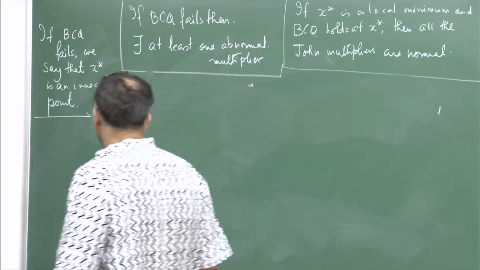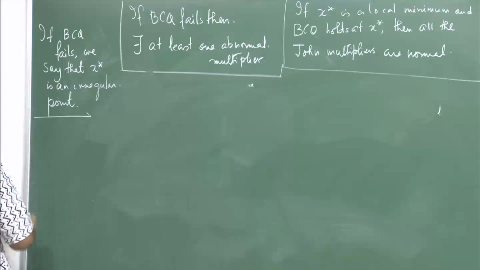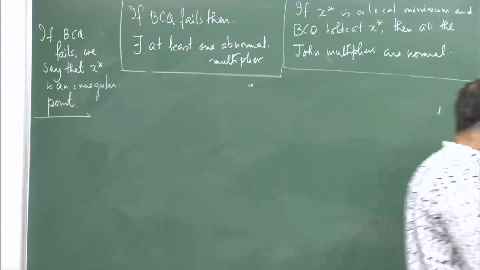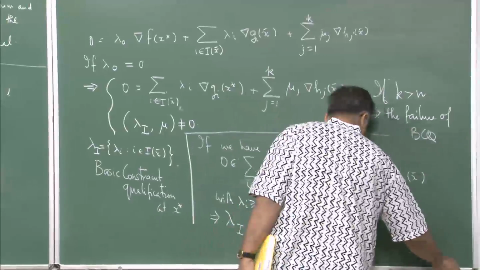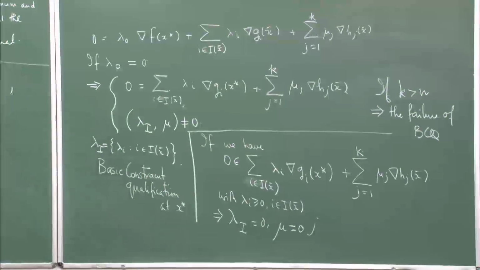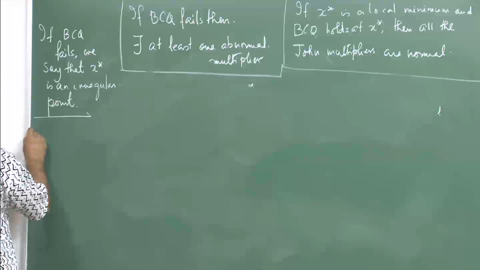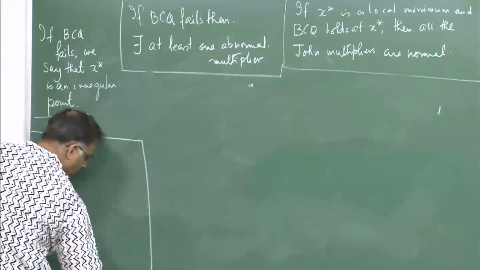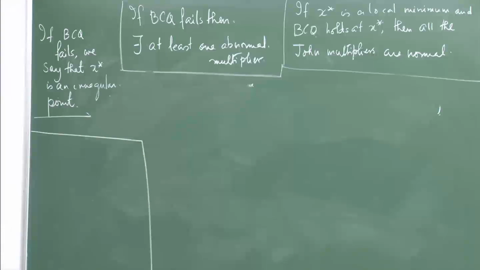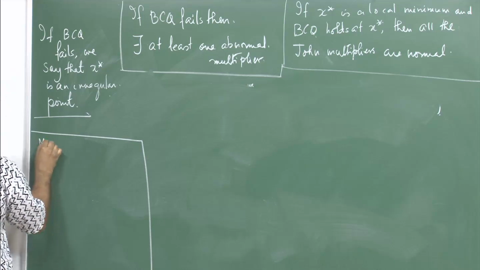So, let us write down the MFCQ once again and then show that it is equivalent to what has been said as the BCQ. So, BCQ and MFCQ are equivalent. So, I can go from the BCQ to MFCQ and MFCQ to BCQ.